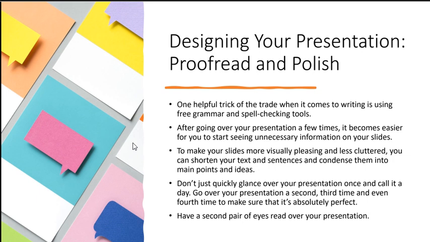Going through the presentation doesn't mean you put the slide, look at it for 2 seconds and then move on, then again 2 seconds, then move on. This is not proofreading. You are just going through the slides. Proofreading means you read it word by word.